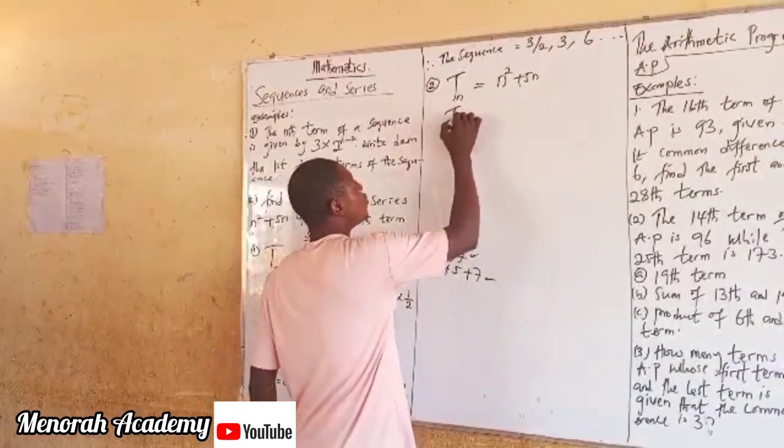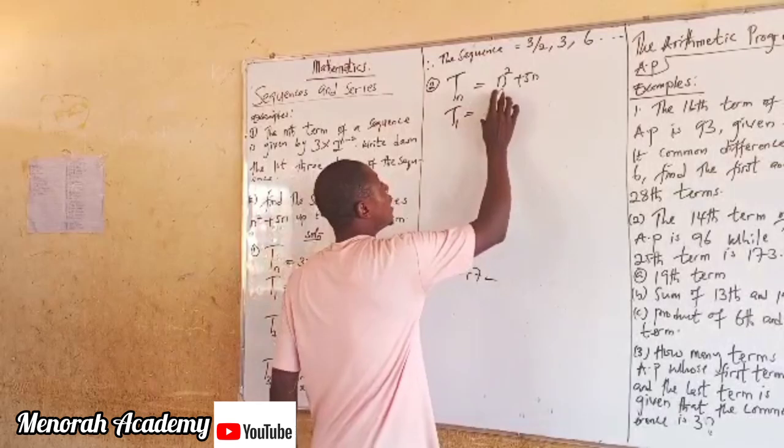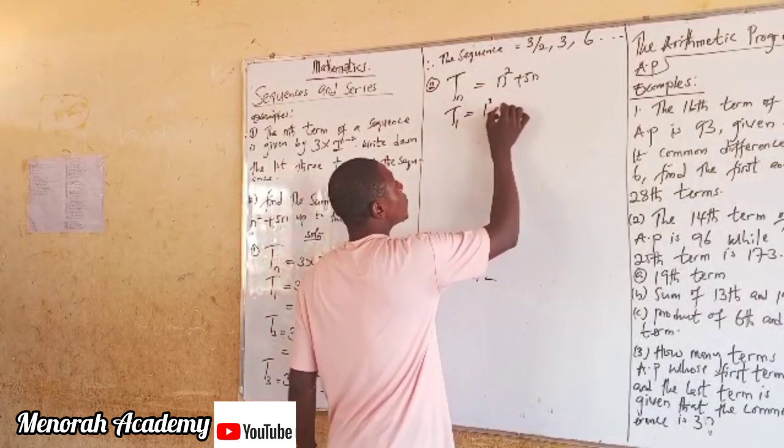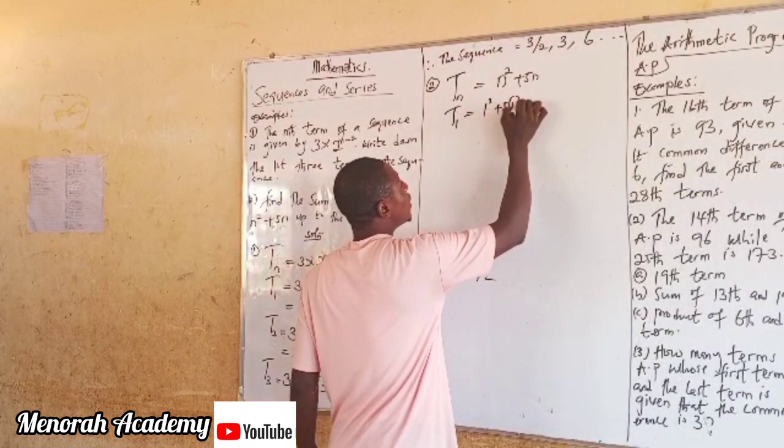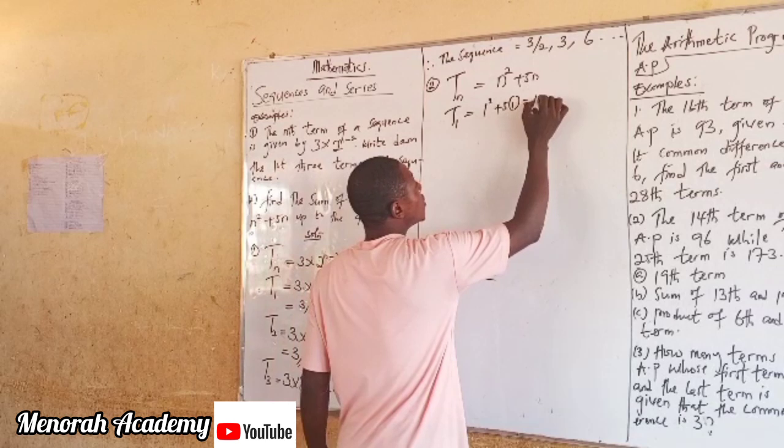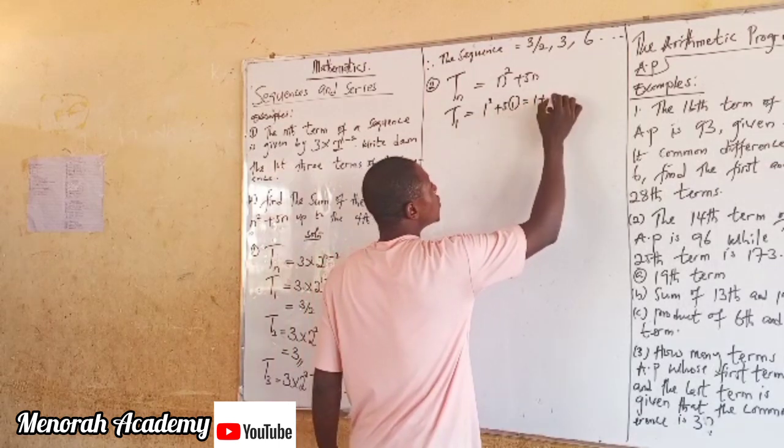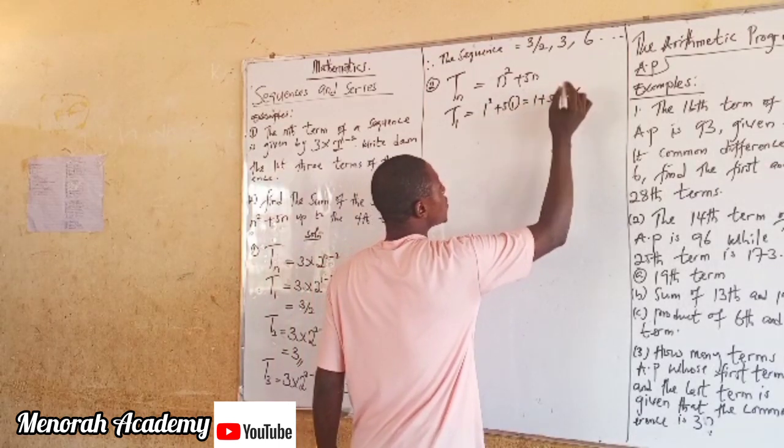So we have T of 1 to be equals to n squared plus 5n, with n now being 1. 1 squared plus 5 into 1. 1 squared is 1. Then plus 5 times 1 is 5, which is equals to 6.